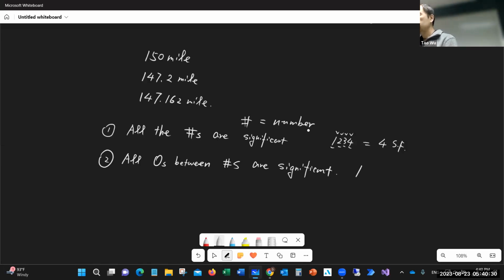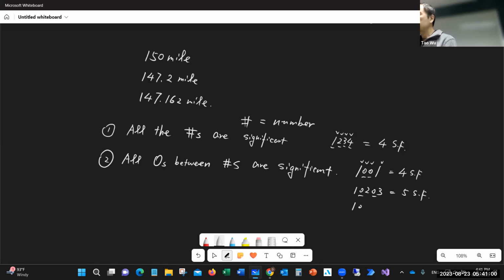For example, 1, 0, 0, 1. We have 2 zeros in between, and those 2 zeros count as significant. So the 1s are also significant, and this has 4 sig figs. And if we have 1, 0, 2, 0, 3, those are zeros in between, so they all count as significant. So this has 5 sig figs.